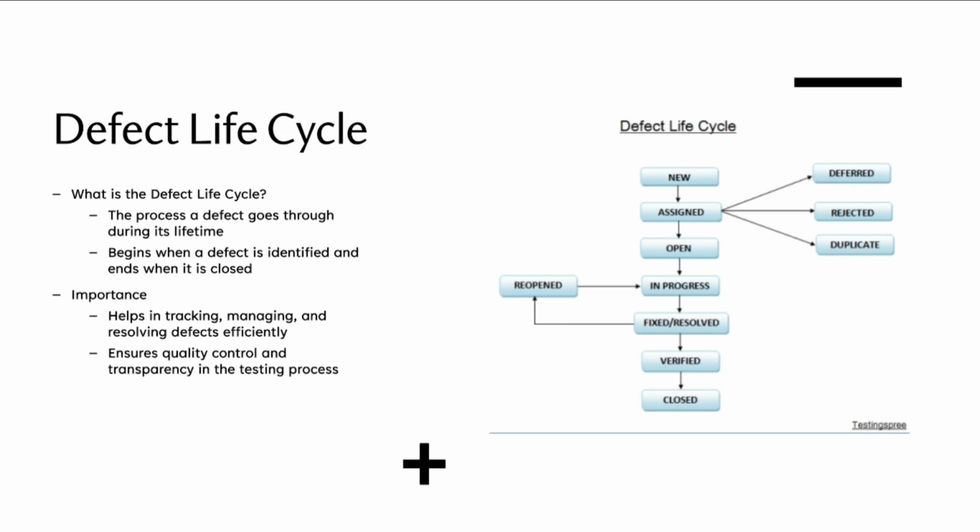If it is not, then it should be reopened. On the assigned state, we have three options: deferred, rejected, and duplicate. A defect becomes duplicate sometimes when a different tester has tested the same feature or same module and raised a similar defect in a different way. So that comes under the duplicate status, guys.